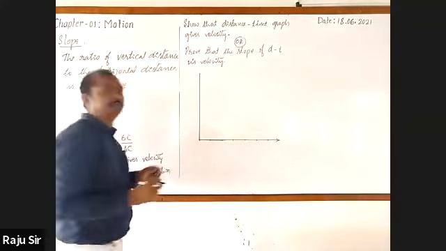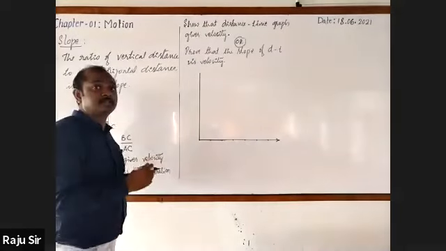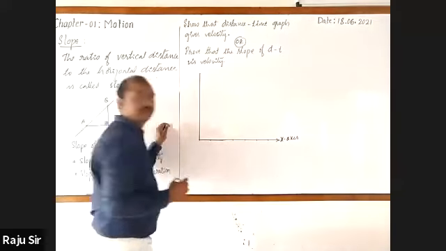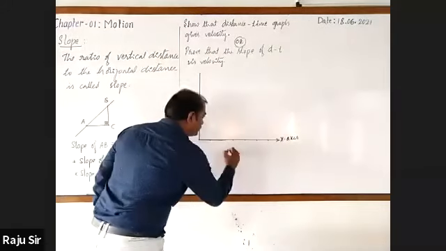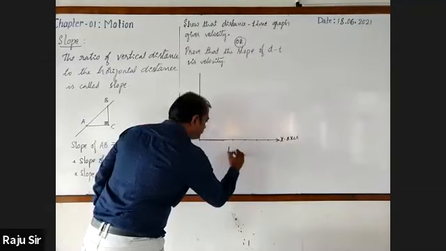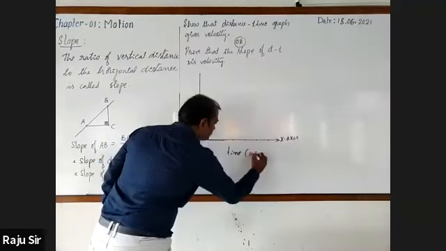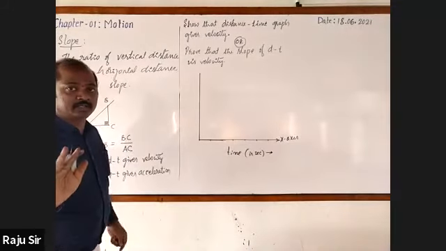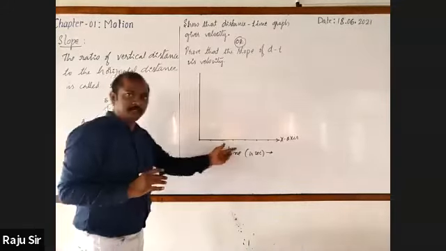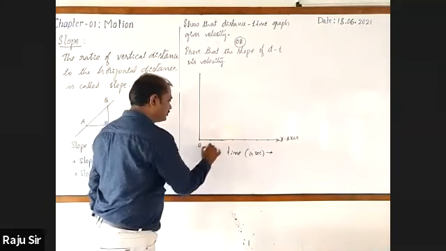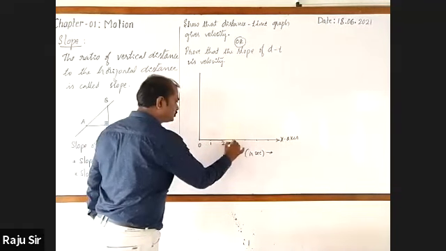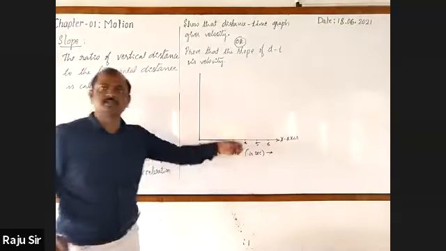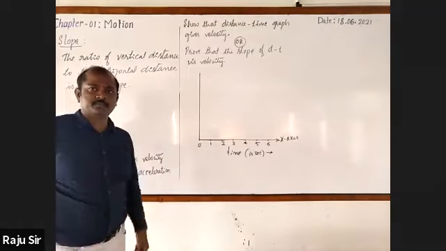You know that in case of DT graph, time is to be taken along the x-axis. Please don't try, just observe. This is 0 second, this is 1 second, this is 2 seconds, this is 3, 4, 5, and 6 seconds, and so on.